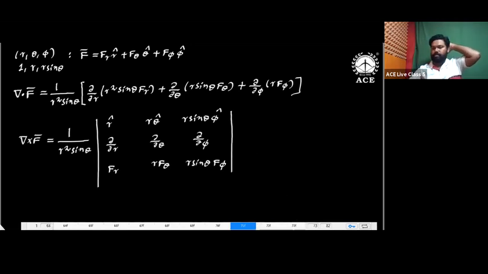Next, the last operator, the Laplacian operator. Let us finish that one also.